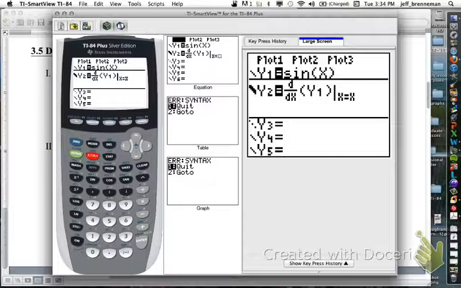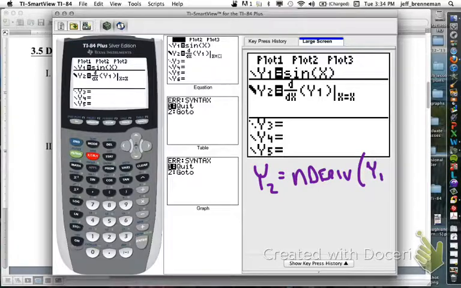Okay, now those of you that have the graphing calculator TI-83s, here's what you're going to need to do. For y1, you already have sine x in there. For y2 though, let's take a look down here and let's go ahead and just put this in for y2. Go ahead and you have n-deriv already, and so then it opens up a set of parentheses for you, and behind n-deriv, now you want to go through the keystrokes to create y sub 1.